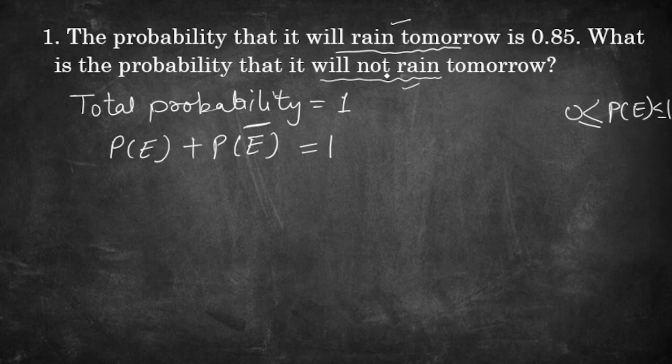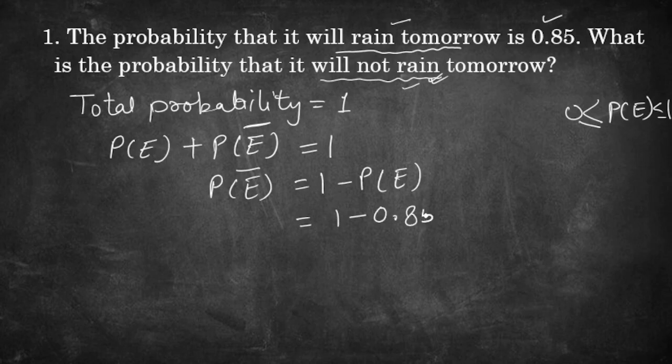Now here we need to find the probability of not happening. So from 1, if we subtract the probability of happening, then we will get the probability of not happening. Now 1 minus the probability of happening, which is 0.85. Now we will subtract it. How will we subtract? 1, no decimal point, so it will be 1.00.